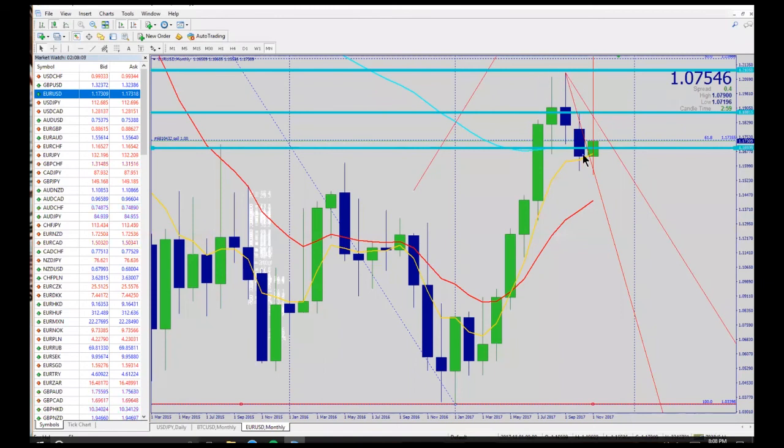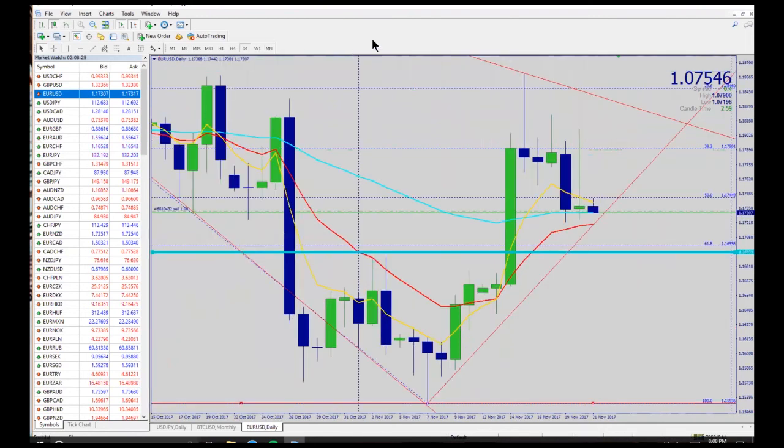These two double dojis I always show you mean a strong breakout is coming. So we have to wait to close off this 61.8, which is the golden ratio, to see which way it's going and confirm. But that sell is going to be coming for the next day, for sure. It should be dropping the rest of the day until 4 p.m. tomorrow.